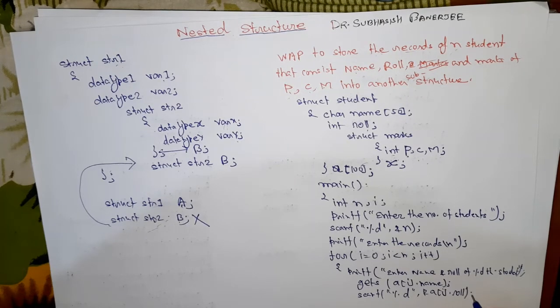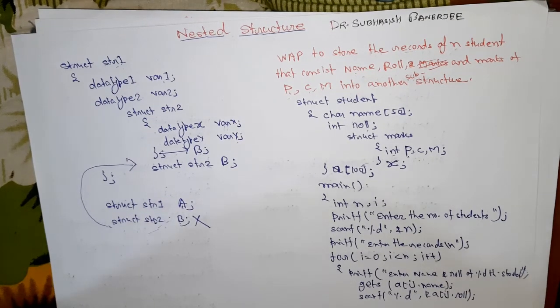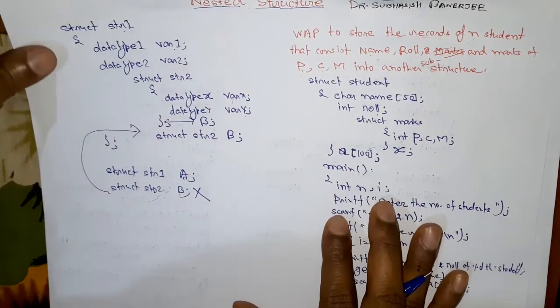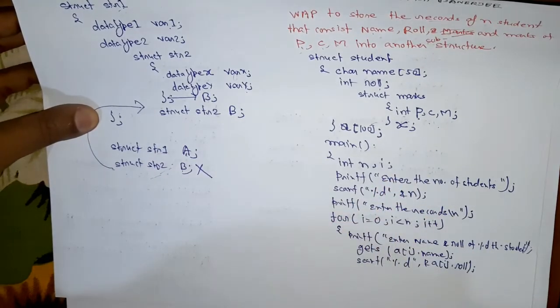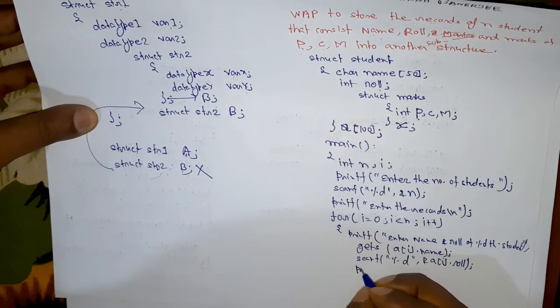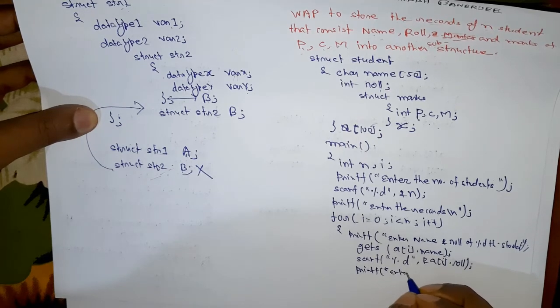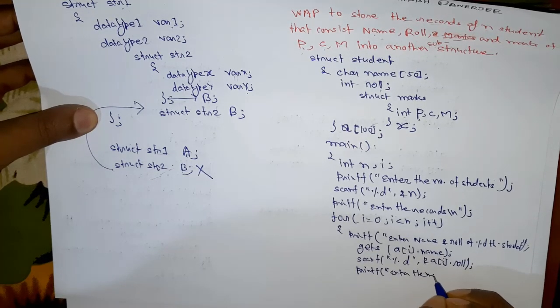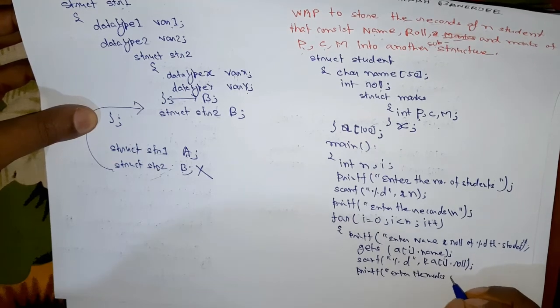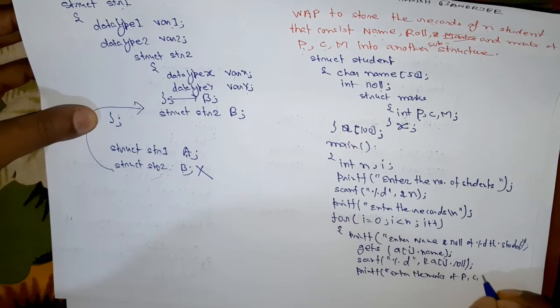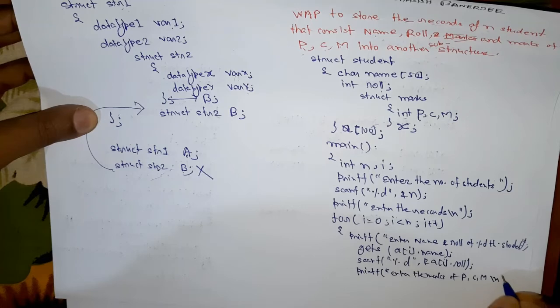So far we have taken the name and roll of the student, the ith student. Now every student should have the marks of physics, chemistry and mathematics. So here you may display the message printf enter the marks of P, C and M, with \n.